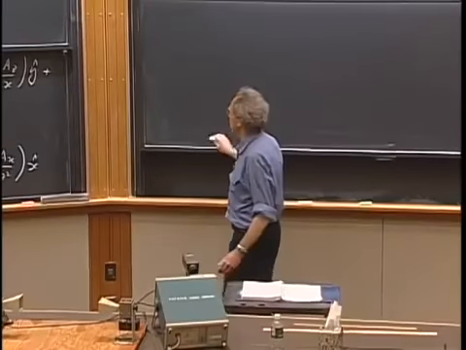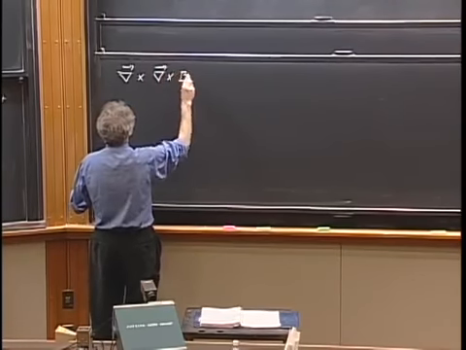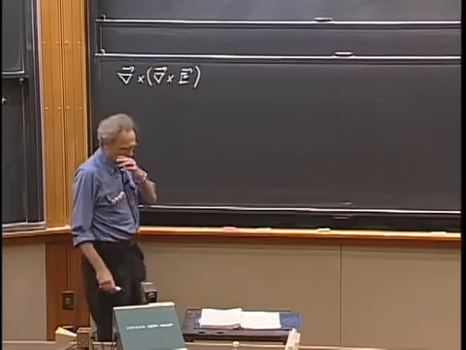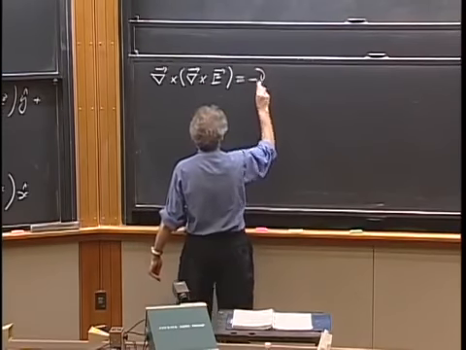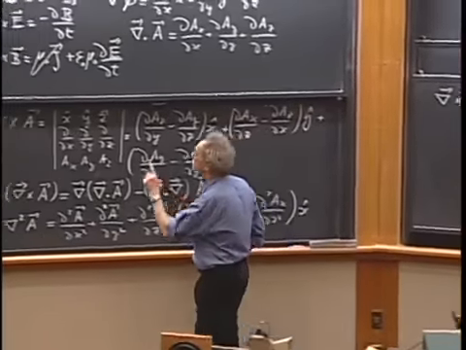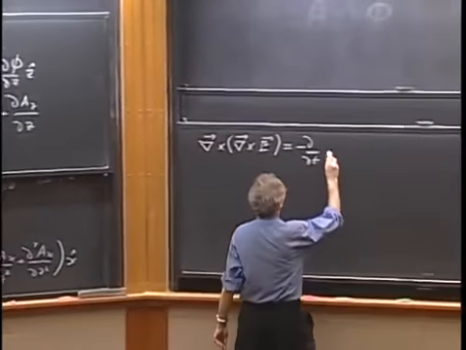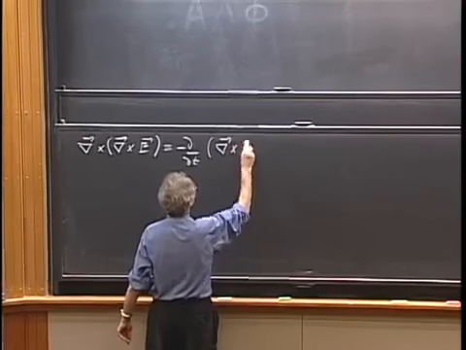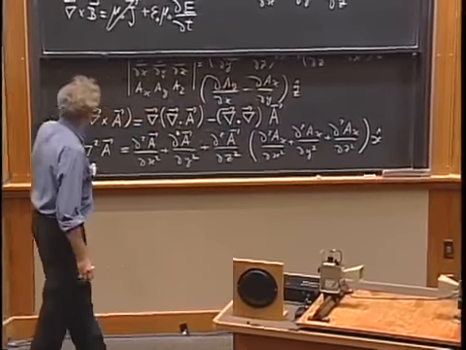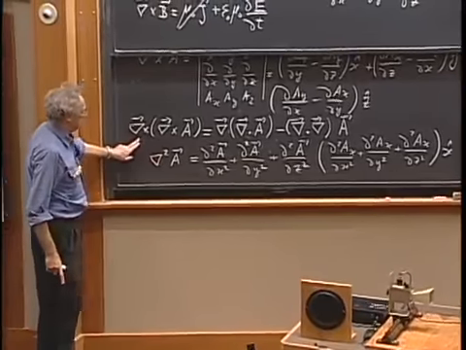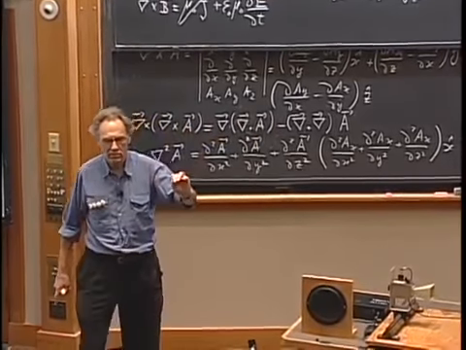So what I'm going to do now, I'm going to take the curl of the curl of E, and I know that the curl of E is minus dB/dt, and so that is minus d/dt times the curl of B. Now I use the only thing that we should remember, and that is this identity, that the curl of the curl of A is the gradient of the divergence of A minus the Laplacian operator on the vector A. But the divergence of E is 0 in empty space.